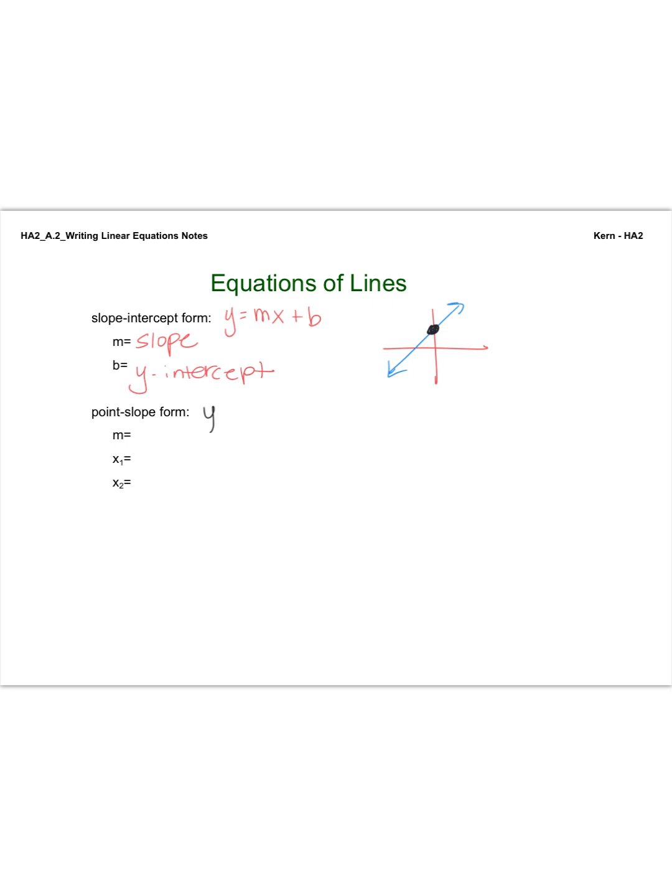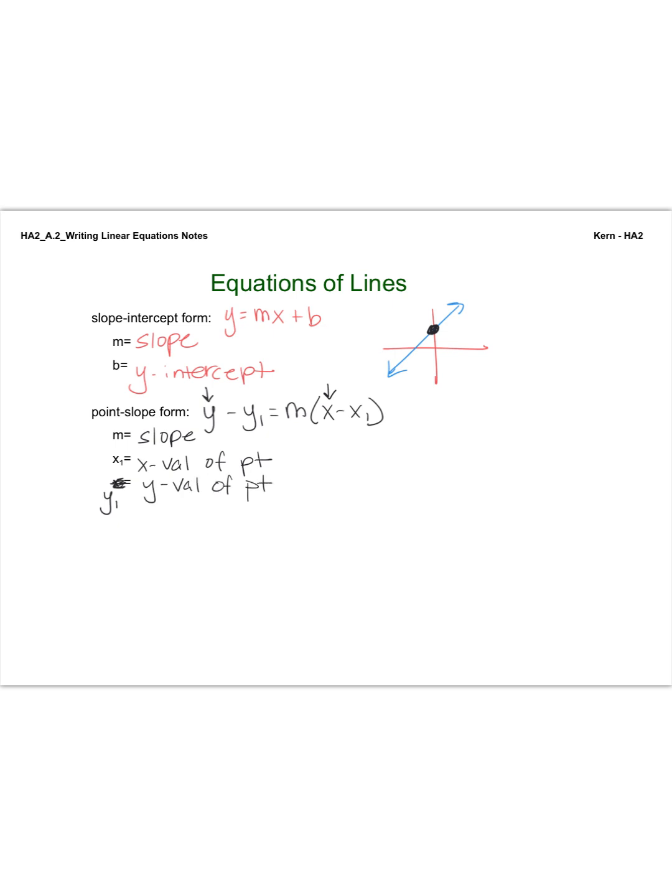So that is y minus y1 equals m times x minus x1. Okay, the regular y and the regular x just stay as is in the formula. The m is the slope still. This is the x value of the point that you're given. And this should be y1, not x2, sorry. y1. So this is the y value of the point.